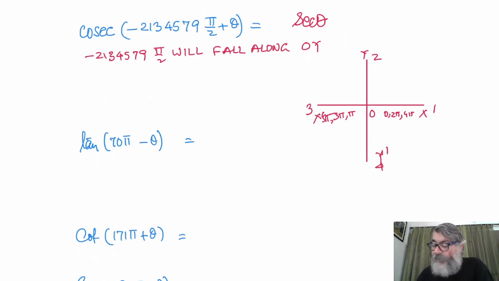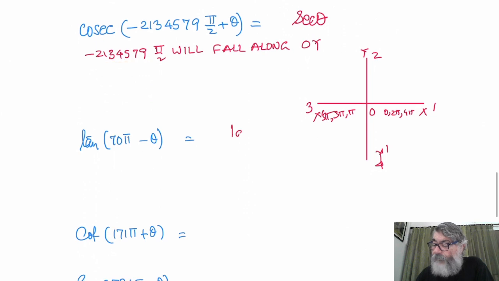So tan of 70 pi minus theta, and there will be no transformation. Sine will remain sine, cos will remain cos, tan will remain tan, that we know.